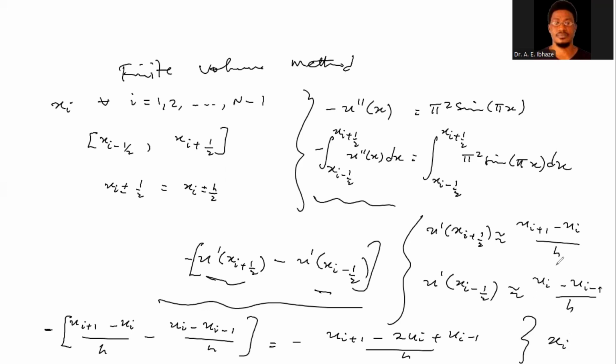And once we do that, the integral from S sub I minus 1/2 to S sub I plus 1/2, that's the interval, of pi squared sine pi x dx will be approximately pi squared sine pi x of I h.